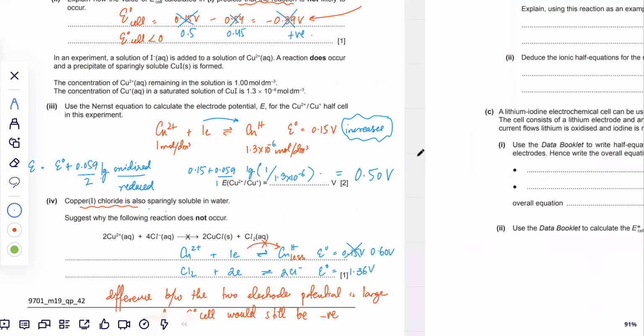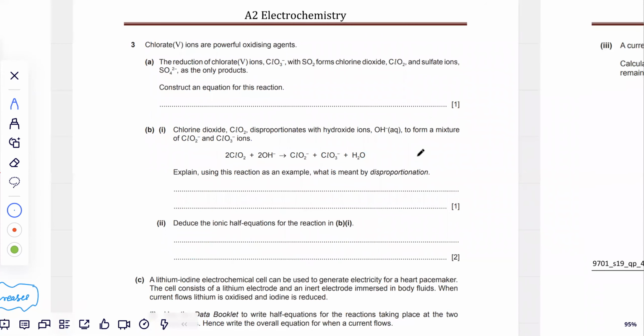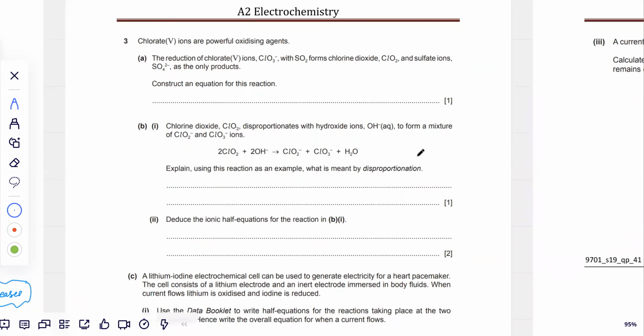So let's try and do this one now. You've got the reduction of chlorate 5 ion, ClO3 minus, by SO2, which forms chlorine dioxide and sulfate ions as the only products. So these two are reacting together, ClO3 minus with SO2, and it produces ClO2 plus SO4 2 minus.